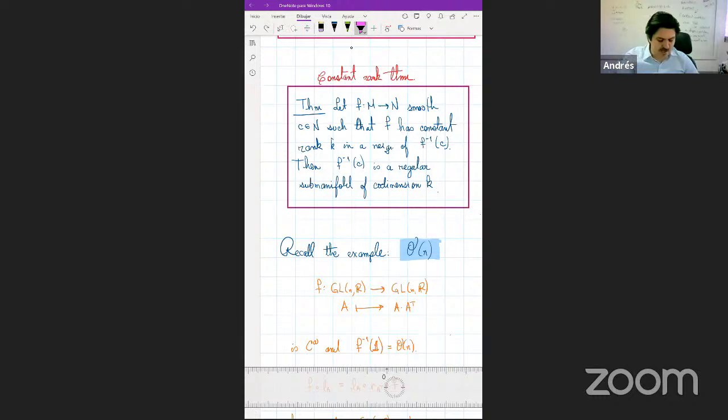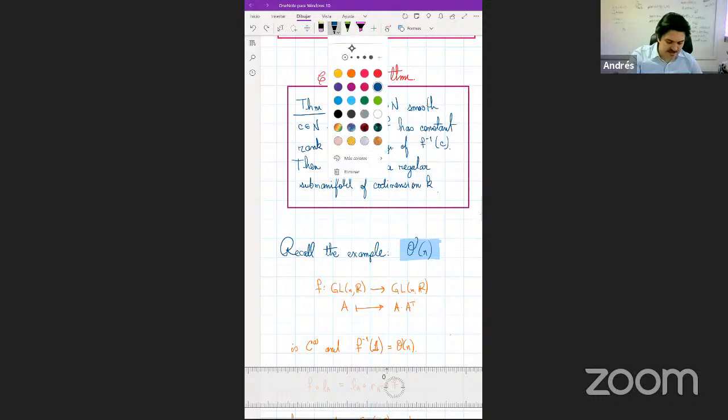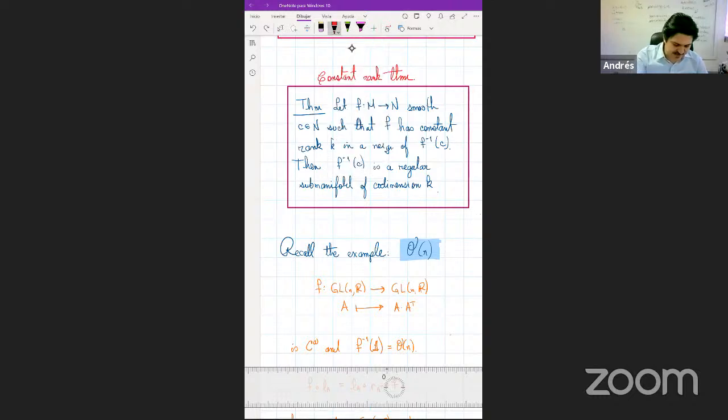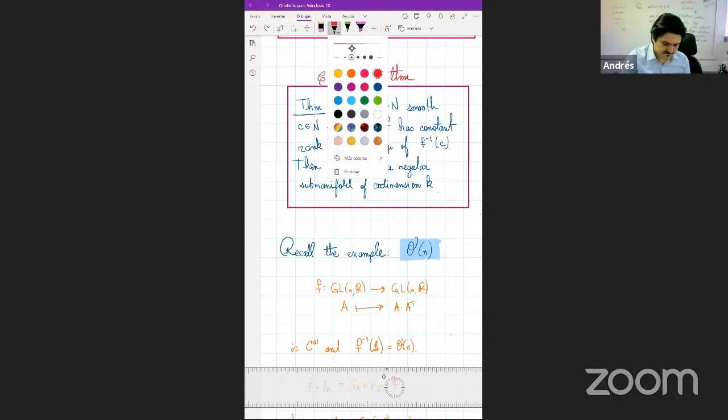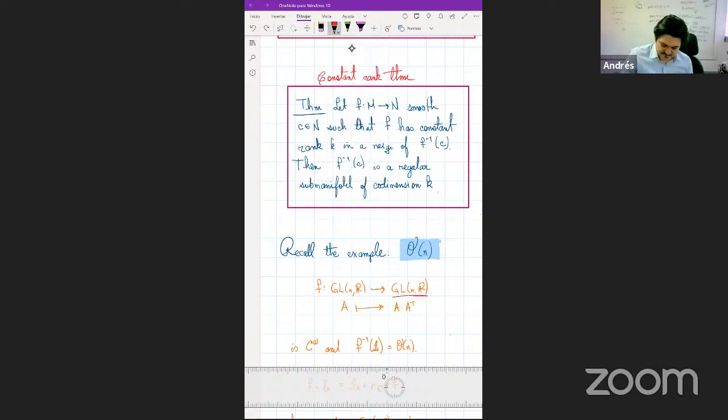Now, remember that this is an open set in Euclidean space.